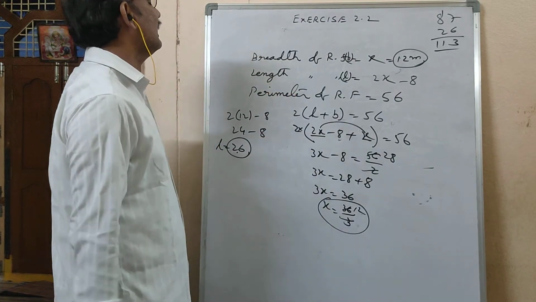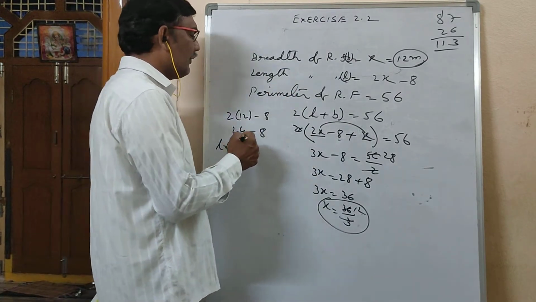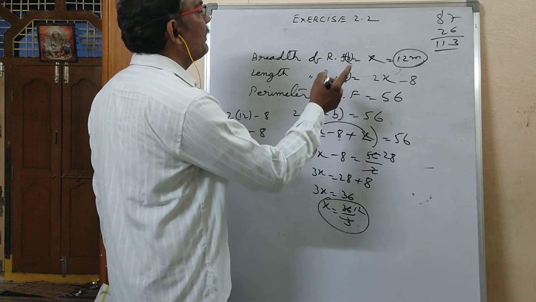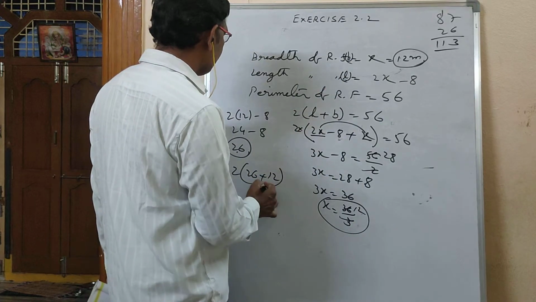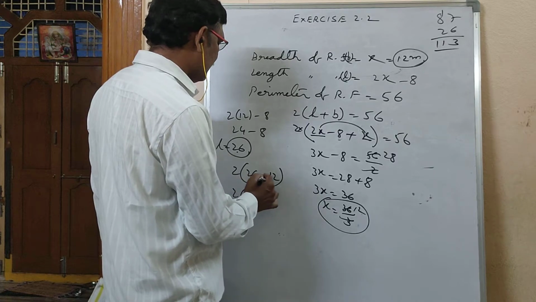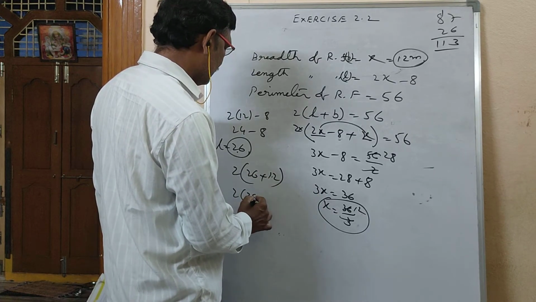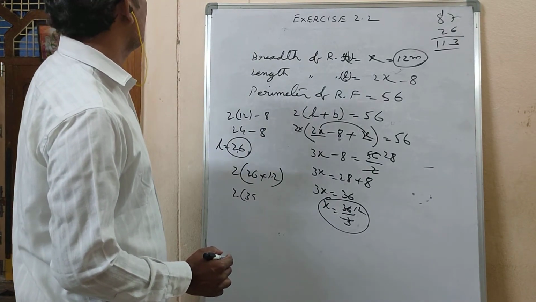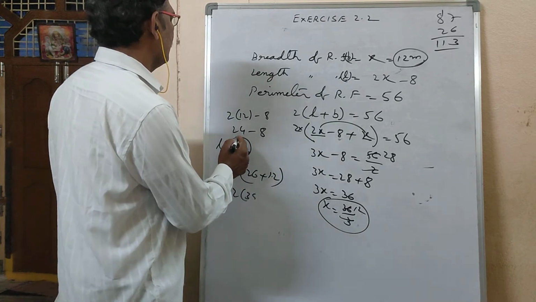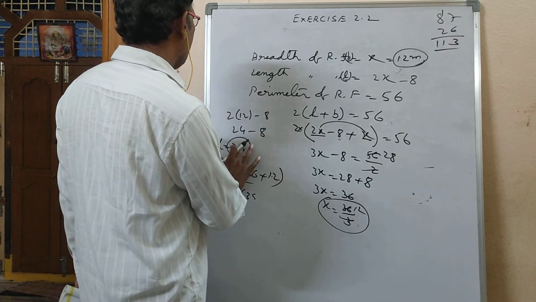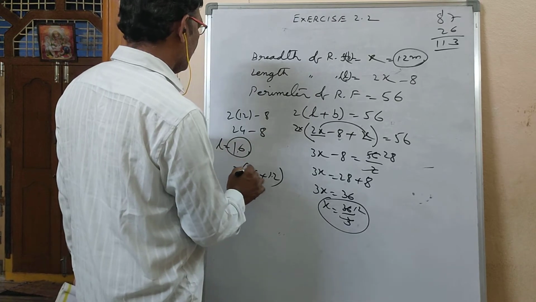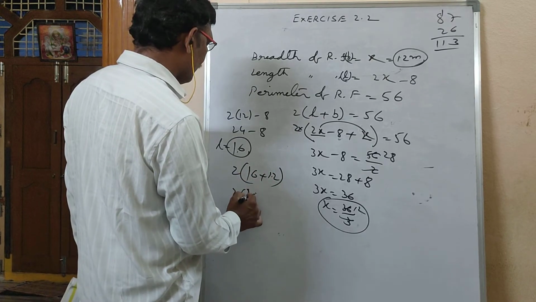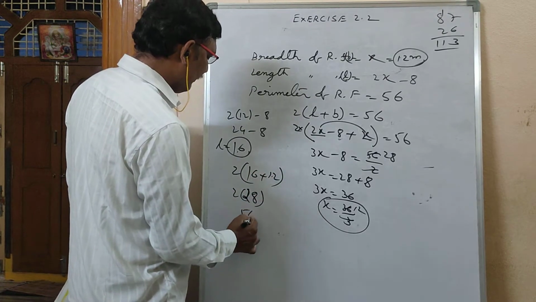Length becomes what? So if you want to know whether the answer is right or wrong, in the formula 2 into L plus B, L is 26, breadth is 12. Somewhere it is wrong, right? 2 12s is 24. From 24, if you subtract 8, you get 16. 16 plus 12 is 28. 2 28s are how much here? 56.